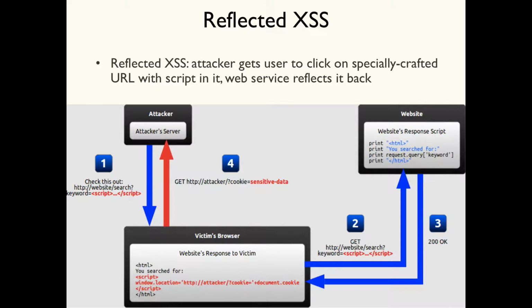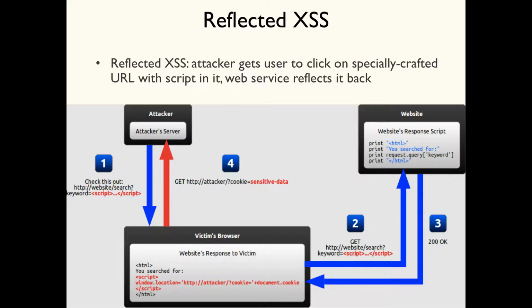If this is a bank website, this piece of script can read your bank account information and send out another HTTP request, maybe to the original attacker. In this example, this piece of code tries to steal the cookies and send those cookies back to the attacker. So the attacker can use this cookie to log in to the victim's account. So this is how reflected cross-site scripting works.